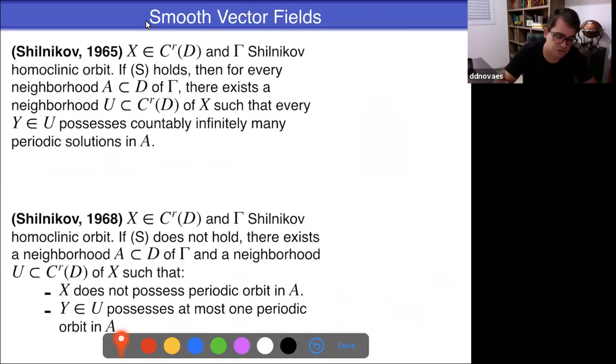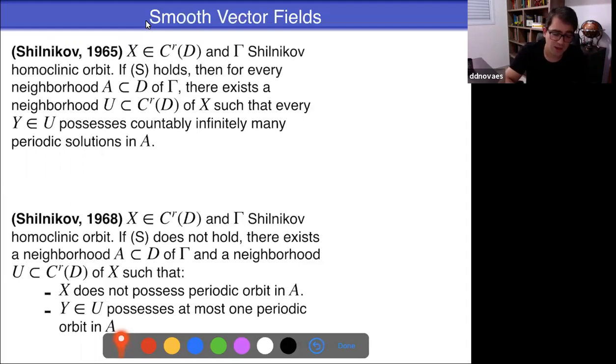So we have the classical Shilnikov results. If the Shilnikov condition holds, then for every neighborhood of the Shilnikov orbit, there exists a neighborhood of the vector field X such that each Y in this neighborhood has countably infinitely many periodic solutions in A. So given a Shilnikov connection for which the Shilnikov condition holds, in a neighborhood of the Shilnikov connection you can find infinitely many periodic solutions.